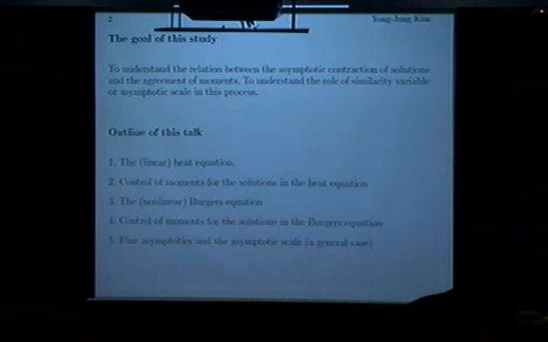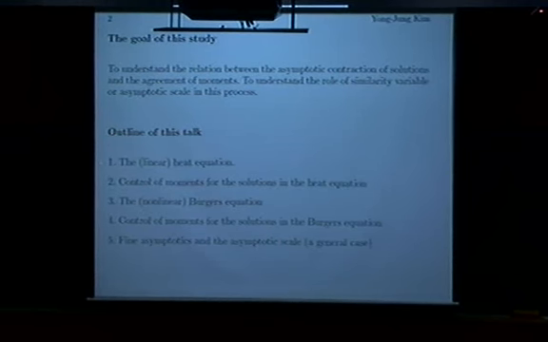Then consider Burgers equation and how to control moments for its solutions. Then, for the more general case, how to obtain fine asymptotics and how the asymptotic scale is related to this fine asymptotics. In many of the talks, I saw at least 2 or 3 talks that mention something related to this kind of thing.